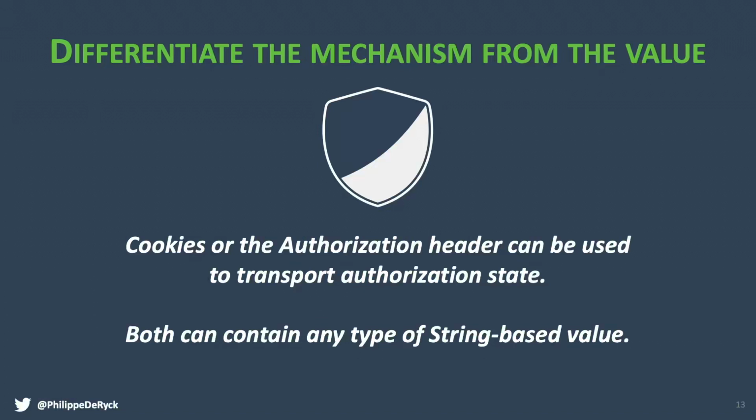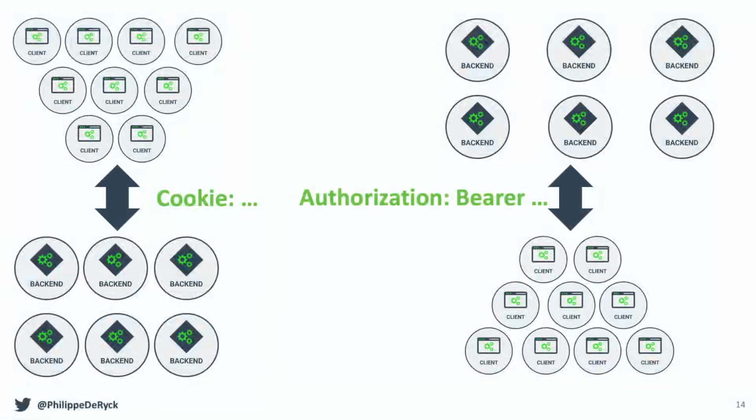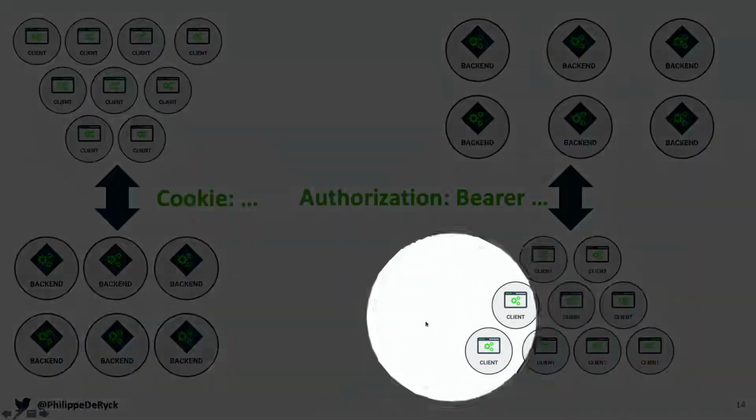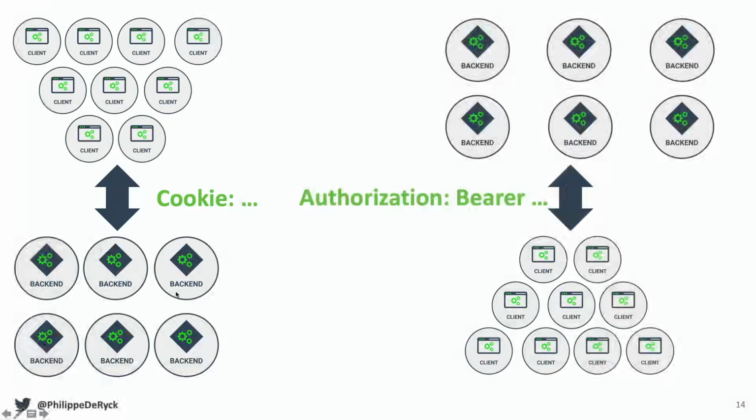All right. One of the first things we need to talk about is one of the major differences between cookies and the authorization header. So this is how stuff gets transported back. We have two scenarios. Keep in mind, this is not the slide about statefulness and statelessness. This is just clients sending something to the backend with cookies or with an authorization header. Cookies are handled by the browser. The browser does that for you, which is kind of nice in certain cases.